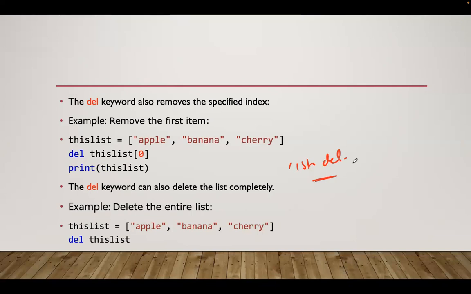We don't usually use dot delete because delete itself is one of the most powerful keywords used in programming. This is why we put it before the list itself. That's a very good question.